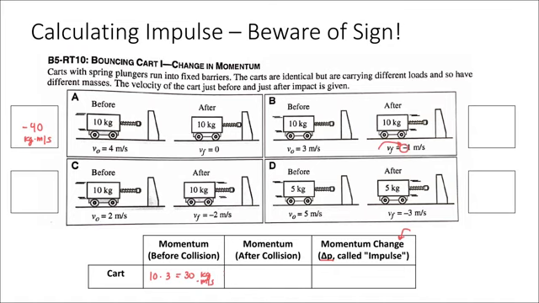Okay, so make sure that you understand that when an object changes directions, the sign of its velocity changes as well, even if you're not necessarily given the negative sign in the problem statement. If it just said the car is moving 1 meter per second to the left, you have to interpret to the left as negative. So be careful of your sign when you're solving impulse problems.